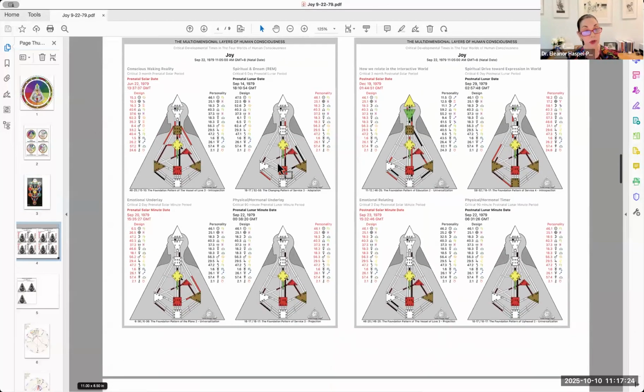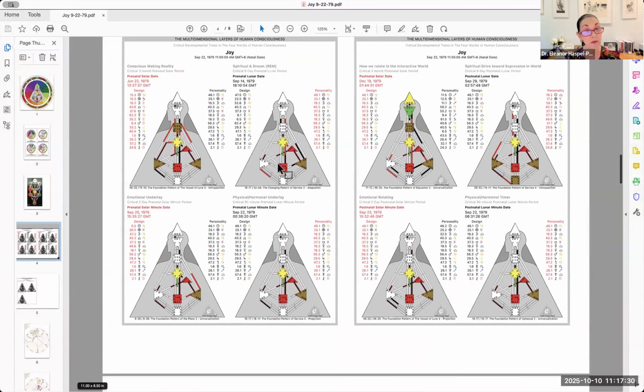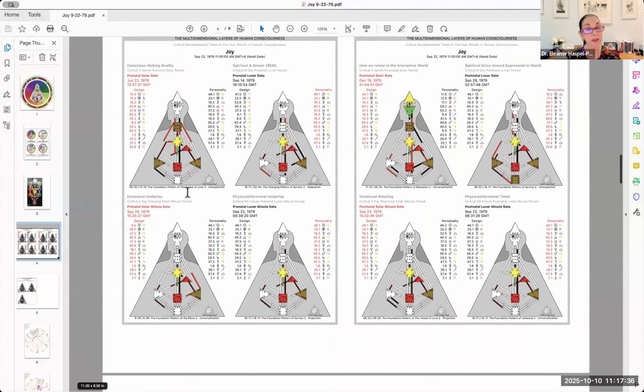So these are your charts. You were born September 22nd, 1979 at 11:05 a.m. in Singapore, correct? Okay. In human design, you would have been told that you are a manifesting generator, but you would have been told you're a split definition.